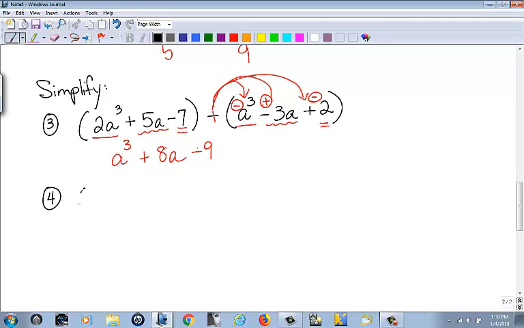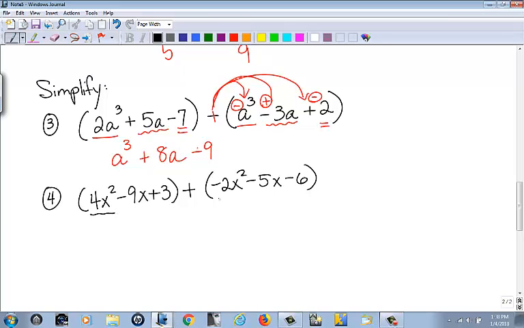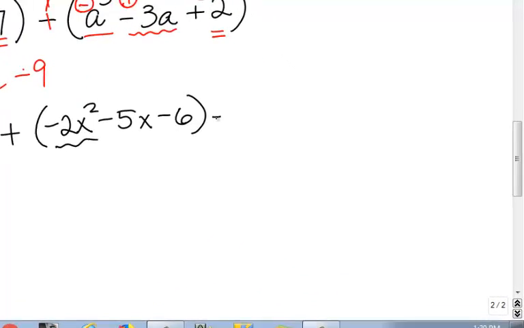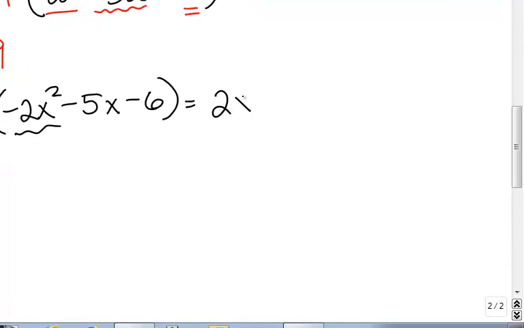Okay, the quantity 4x squared minus 9x plus 3, that quantity plus, this one's a plus sign, the quantity negative 2x squared minus 5x minus 6. So combine these two, like terms. 2x squared, right?